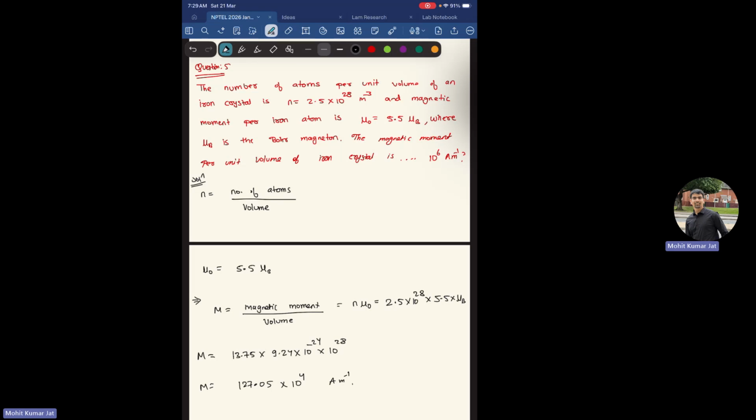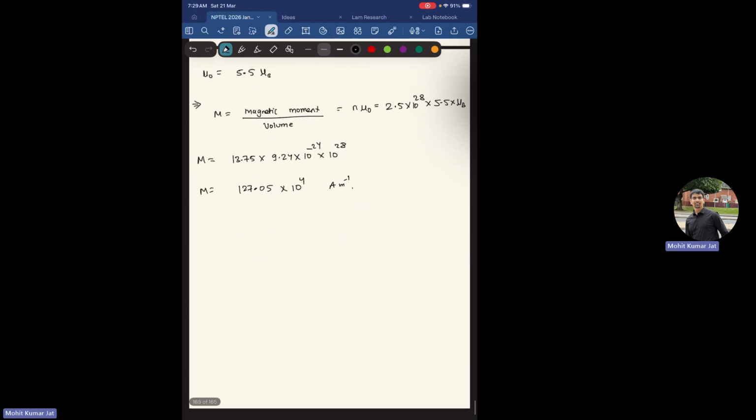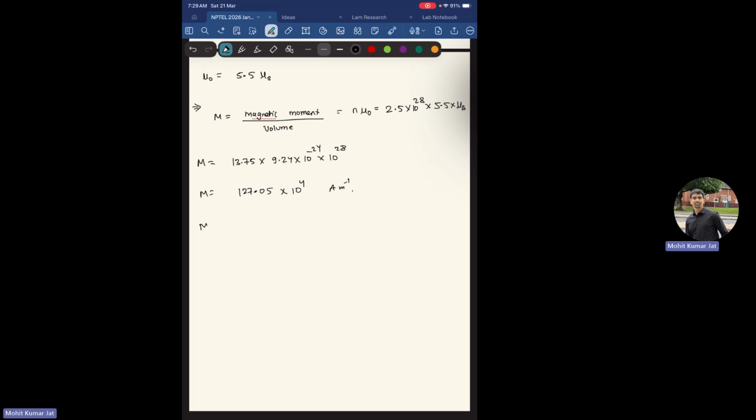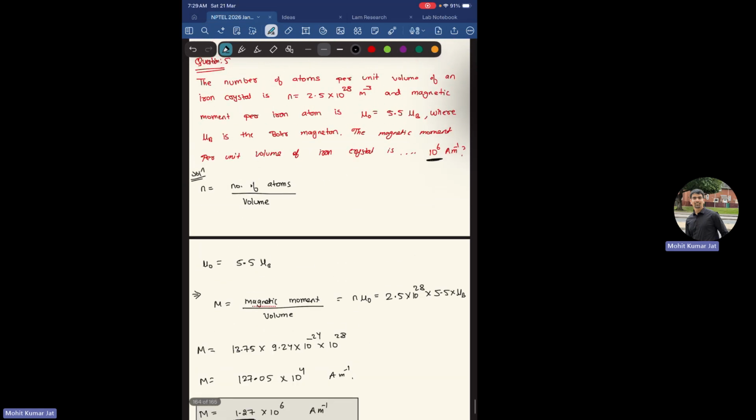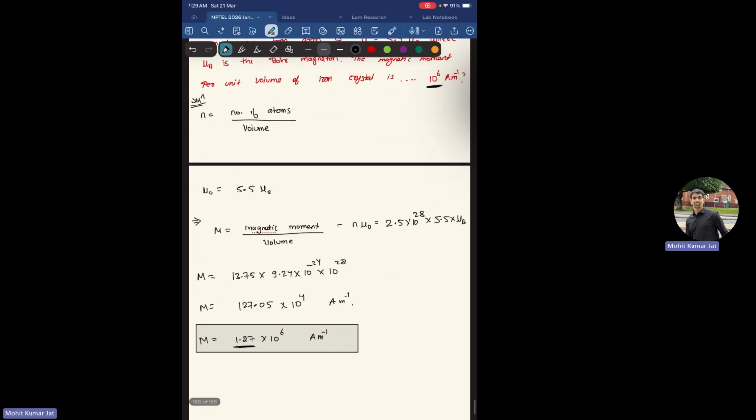But in the question, if you see, it asks in units of 10 power 6. So if we convert it, it will be 1.27 into 10 power 6 ampere per meter. So here the answer will be 1.27 for the magnetic moment per unit volume.